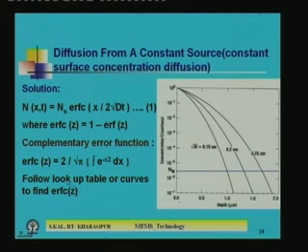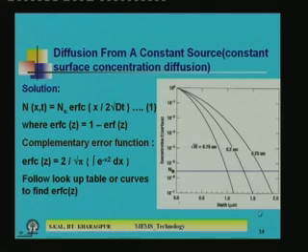You have to search tables or curves to find the error function value. If you know it, you put it here and you can get the doping concentration at different x values, and the complementary error function profiles are like this.